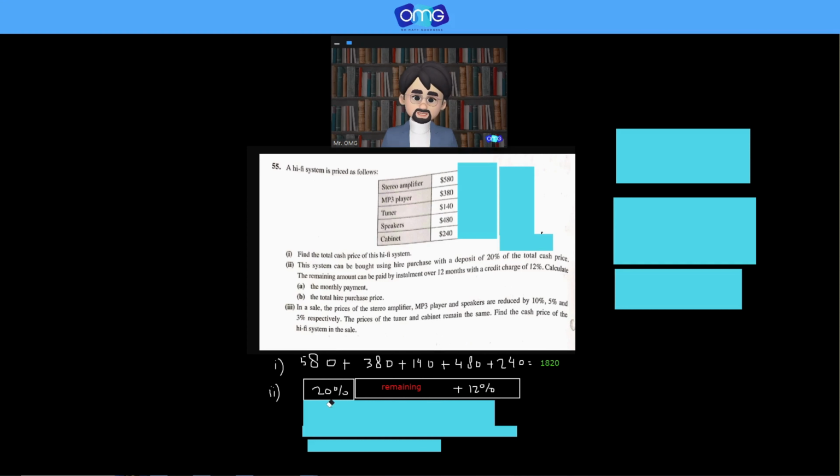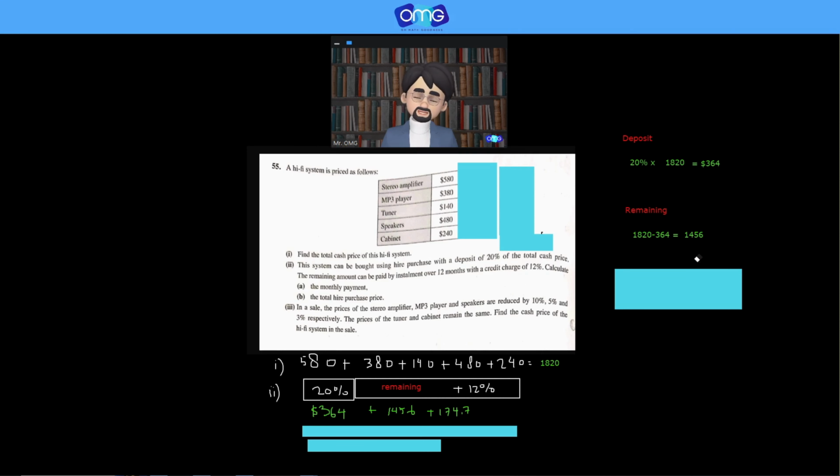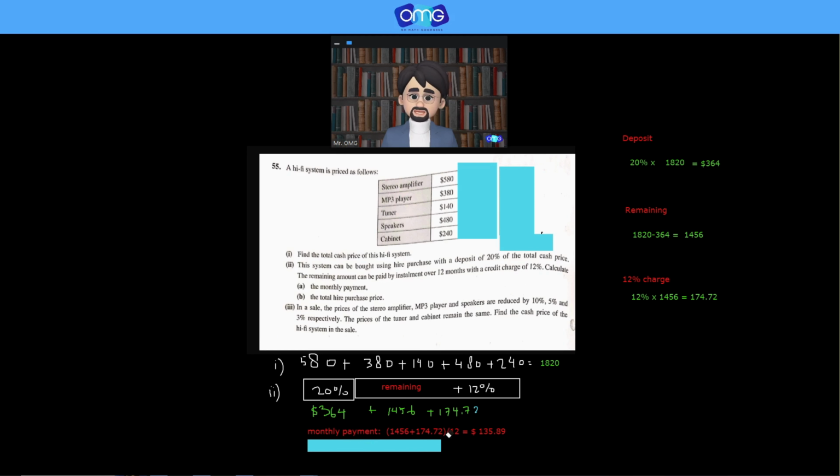So 20% is 364, and the remaining is we minus them, we get 1456, and the charge is 12% of the remaining, which is 12% of 1456, which is that much, 174.72. And then we find the monthly payment, so we add the remaining plus charge, divide by 12, we get this much is the monthly payment, and then the total hire purchase, we just add them all, we get 2104.72, and that's the answer.